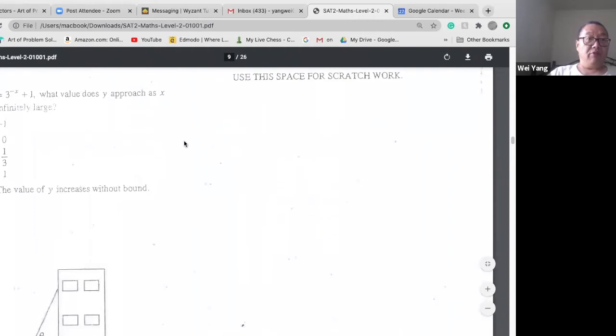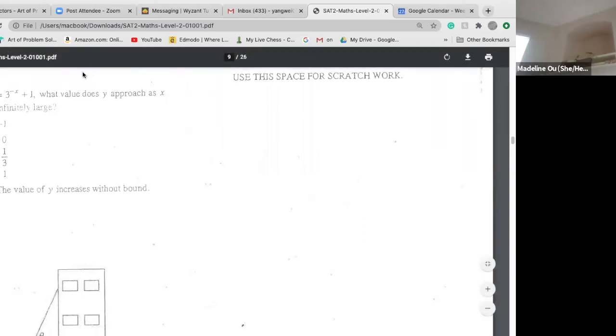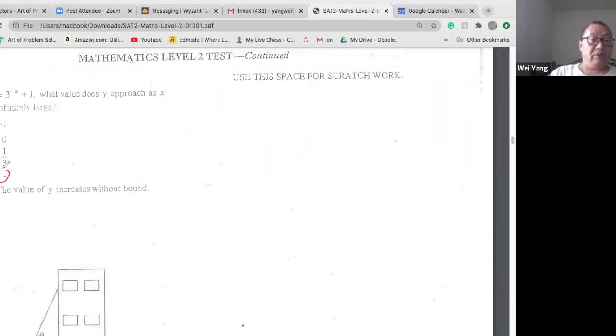Okay, so now let's see 12. What's the answer for 12? D. Okay, you got a D. This one, the function is y equals 3 to the power of negative x, plus 1.